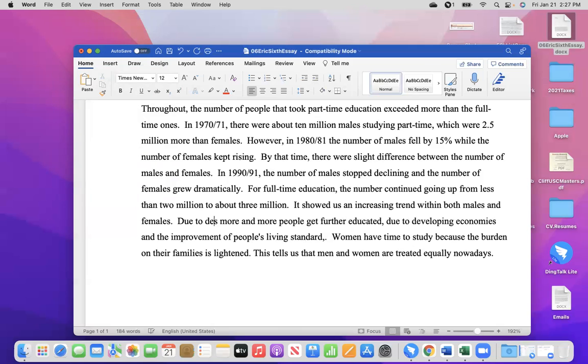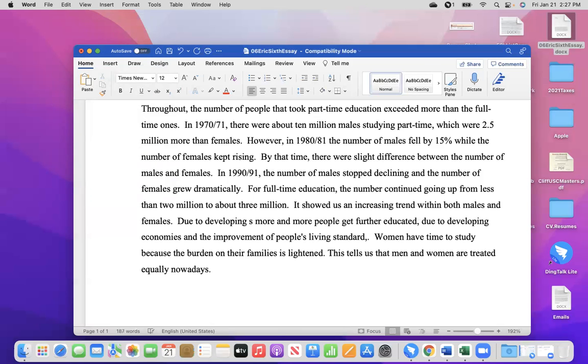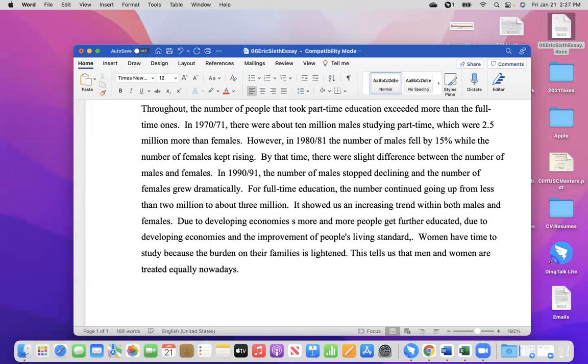Due to developing economies, more and more people are getting further educated. Thus is a good word.